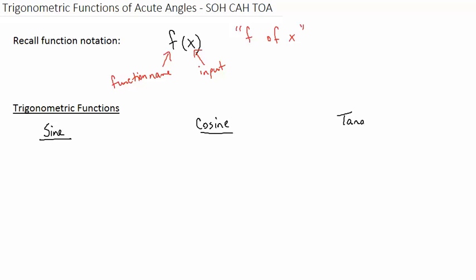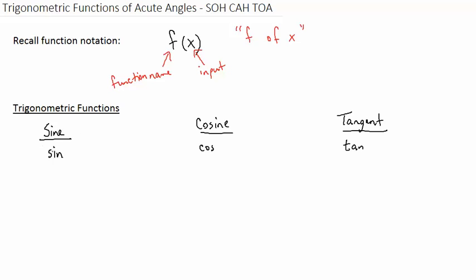The names of these functions, the way you write them, you don't use a letter like f, you use an abbreviation. For sine, you use the abbreviation sin. For cosine, you use cos. And for tangent, you use tan. So we use 3-letter abbreviations for the trig functions. These are the function names.